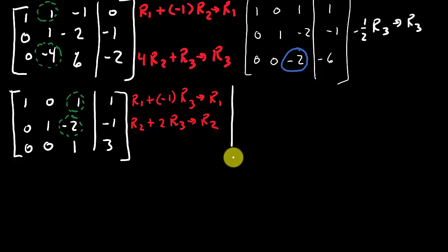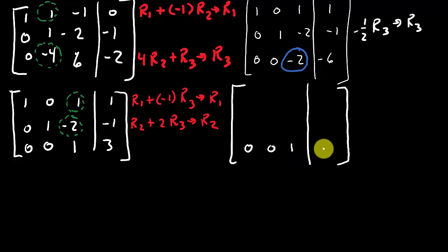All right, so let's see what that's going to give us. All right, so the only row that I'm not replacing is row 3, so I'll write that row down, 0, 0, 1. There's my line, and 3. All right, so let's see what we've got. We're doing row 1 and row 3.